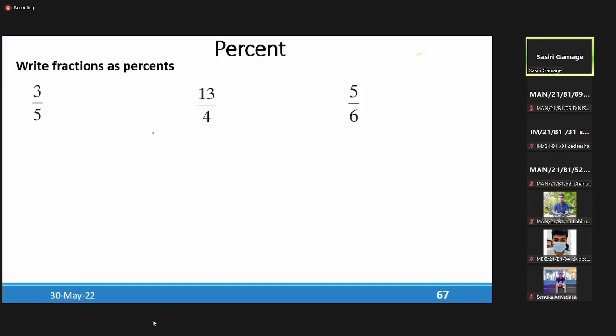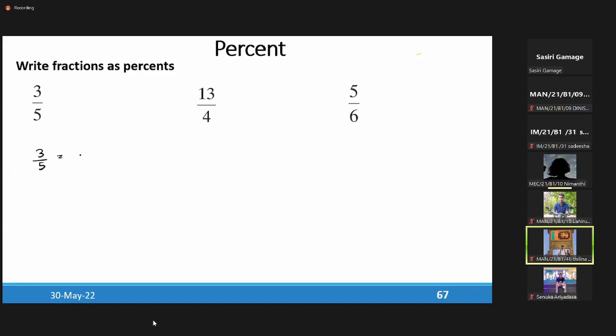Okay, let's see this example. We have to convert this fraction into a percent value. First thing we need to do is convert this 3/5 to a decimal number. What's the answer for this when we convert it to a decimal? 0.6.